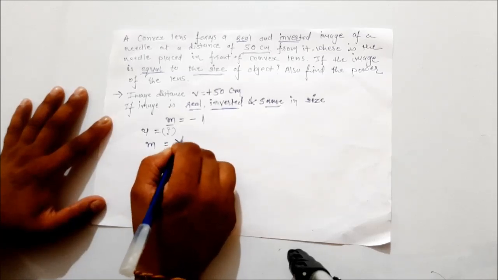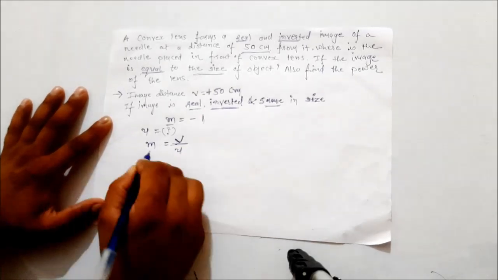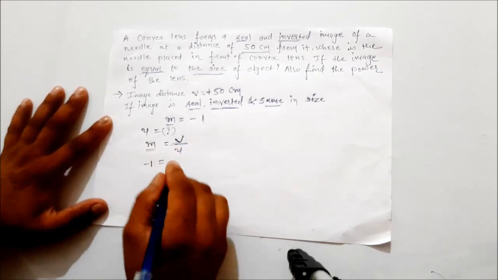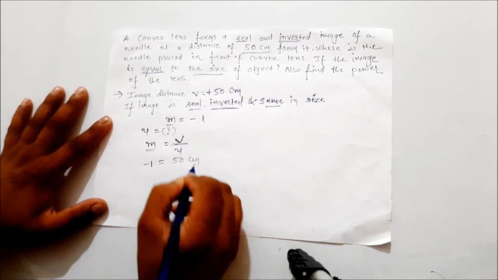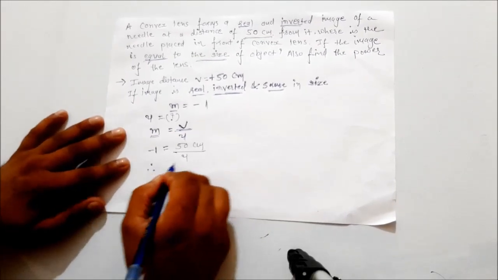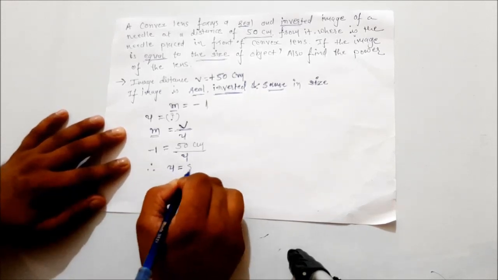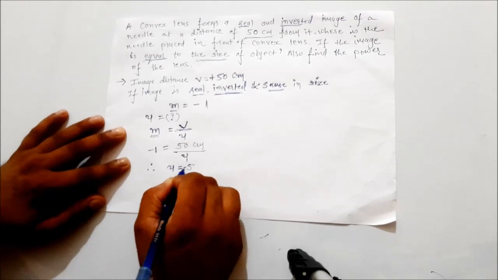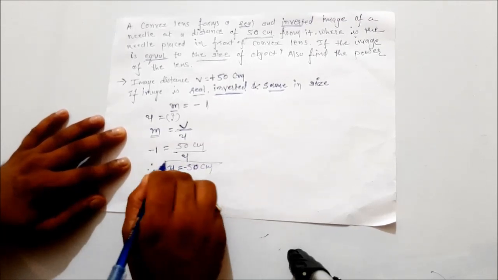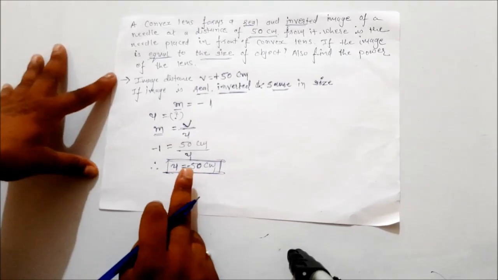Magnification is given as -1, v is 50 centimeter, so the value of u will also be negative 50 centimeter. It means our object is placed at 50 centimeter at the left side.